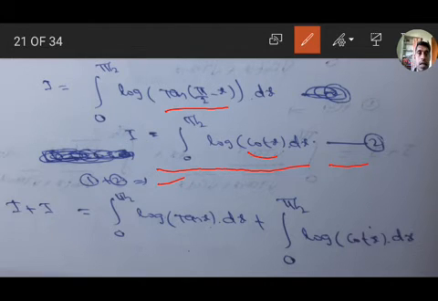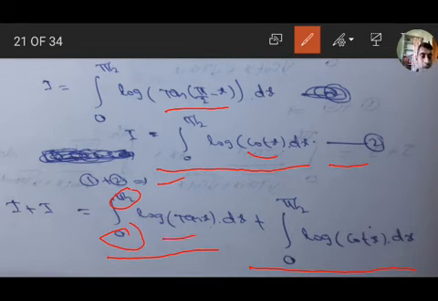I plus I: the LHS is I plus I, the integral from 0 to pi by 2 of log of tan x plus the integral from 0 to pi by 2 of log of cot x dx. The limits are the same: the integral from a to b of f of x dx plus the integral from a to b of g of x dx can be written as only one integral.